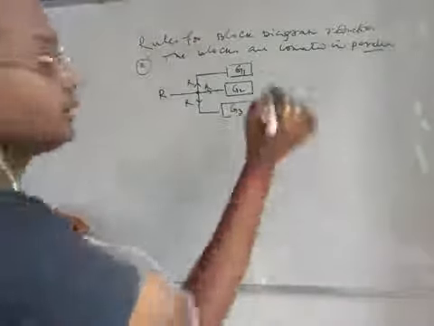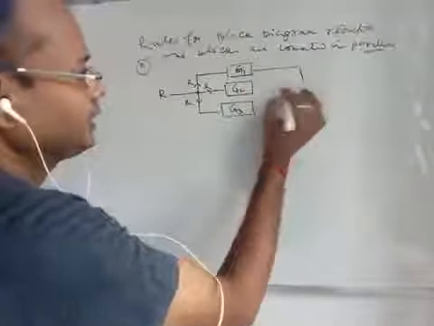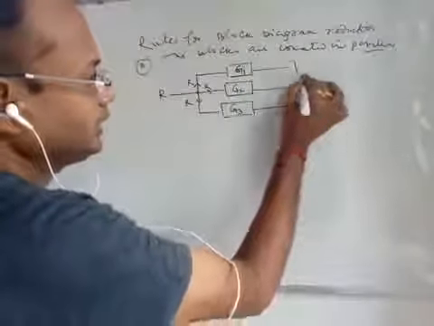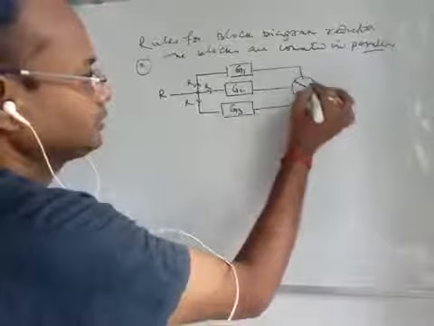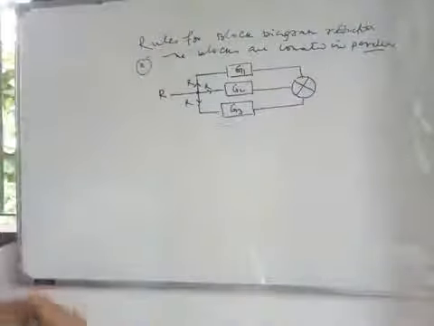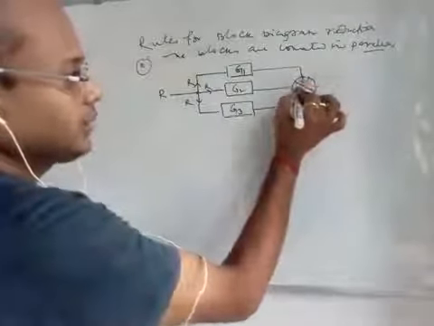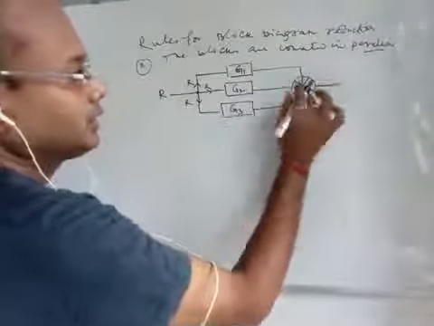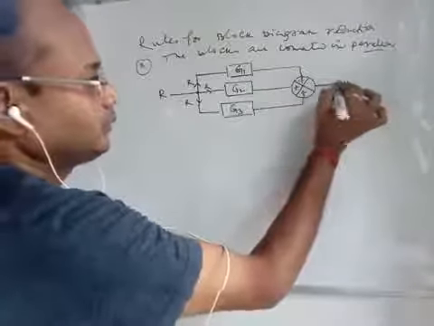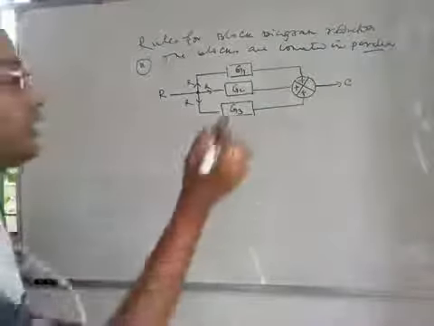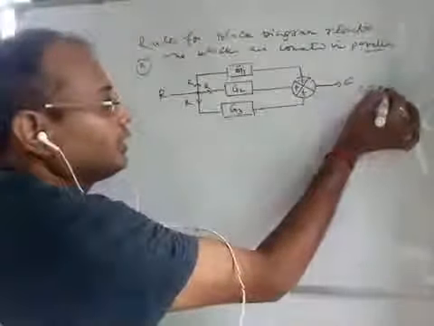Now these signals come to a summing block, plus, plus, and this is your C. So what do we want to get? We want to get C by R. That is our objective.